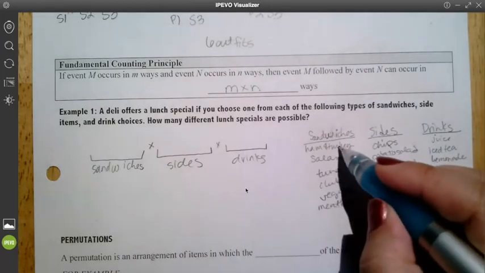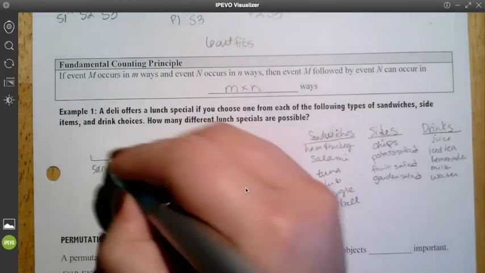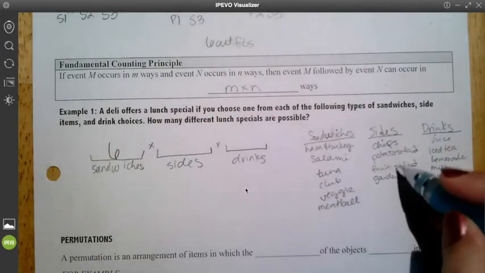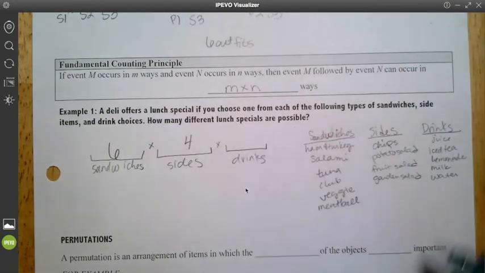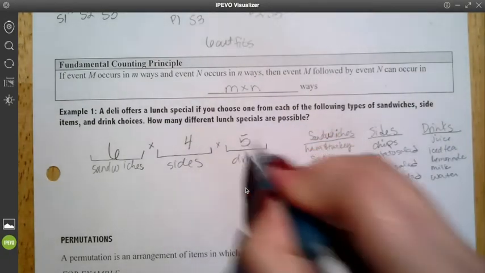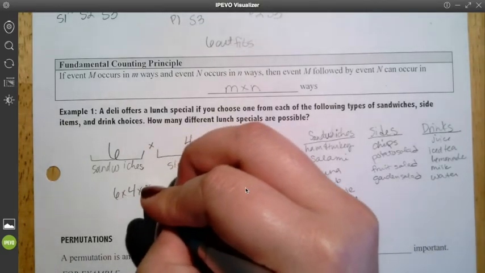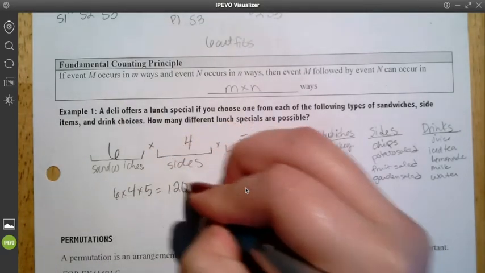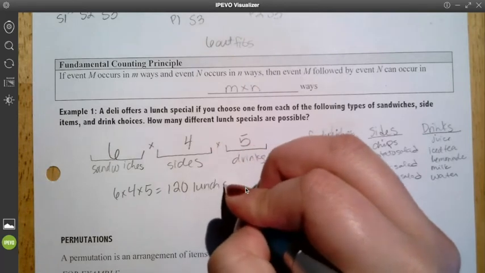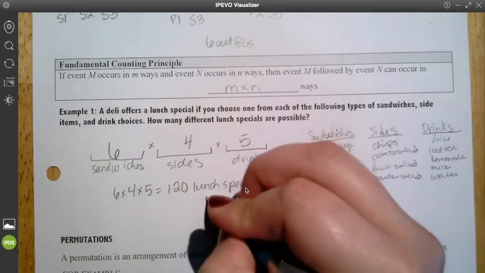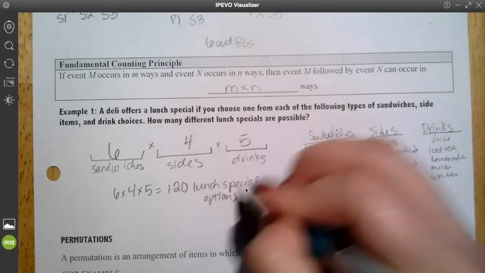Okay, so how many sandwiches do I have to choose from? 2, 4, 6 sandwiches to choose from, 4 sides to choose from, and 5 drinks to choose from. And so we get 6 times 4 times 5, which is 120 lunch special options.